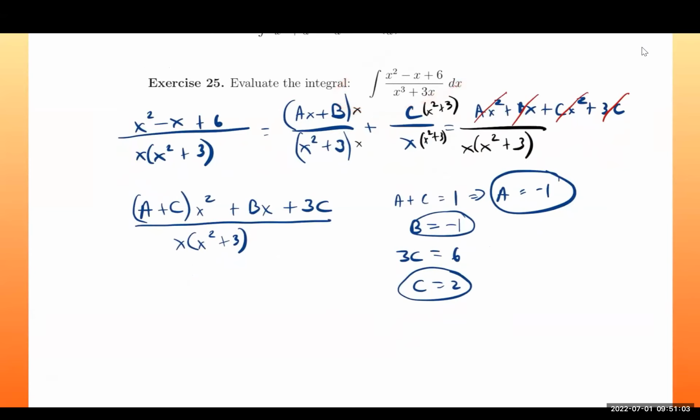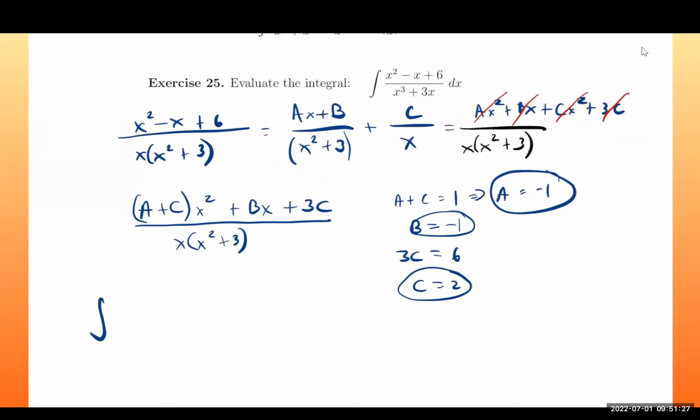All right, so now we can rewrite the original integral and separate it using these two fractions, the partial fractions that I did not mean to do that, but that's okay, I can fix that. All right, so now we can rewrite this using the constants that we found.